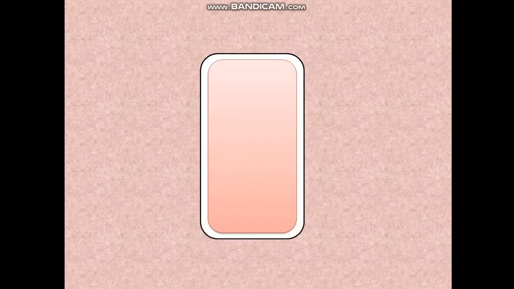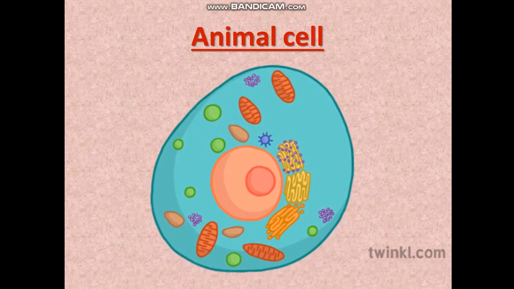Let's go to the second, multicellular with us, which is the animal cell. The animal cell. Let's start with the structure of the animal cell.